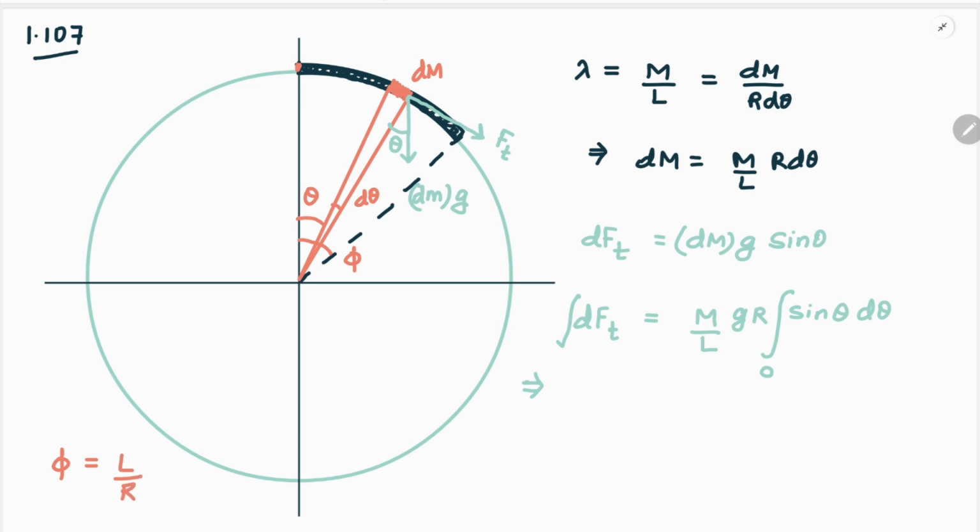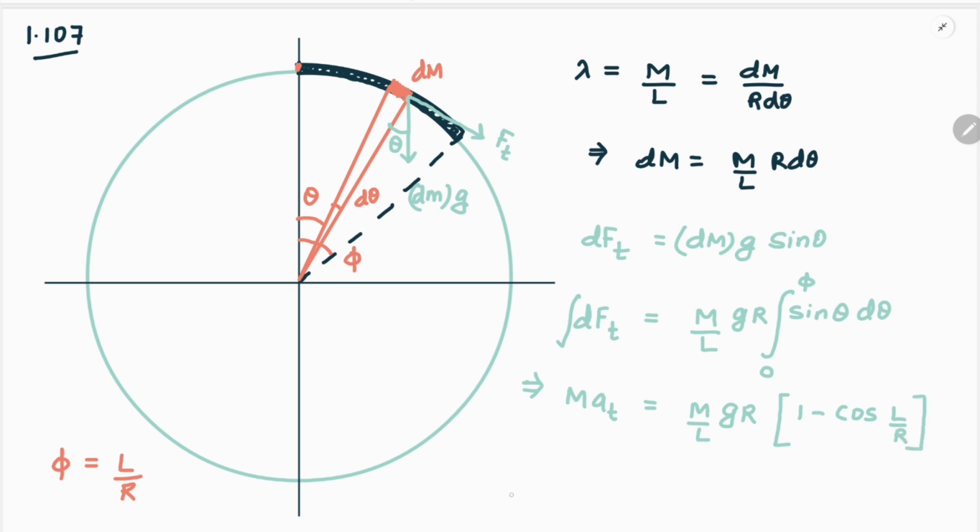So from 0 to phi is the limit of integration, and we write m at equals m by L g r, and the integration of sin theta gives 1 minus cos of phi, where phi is L by r.